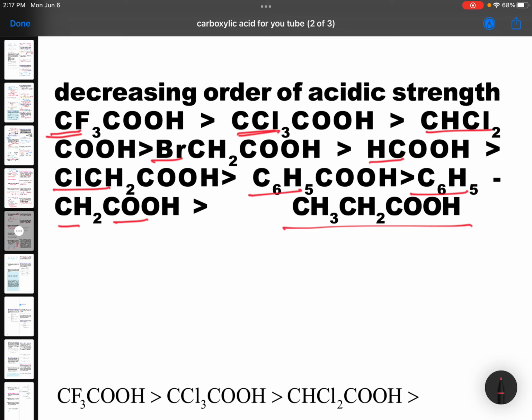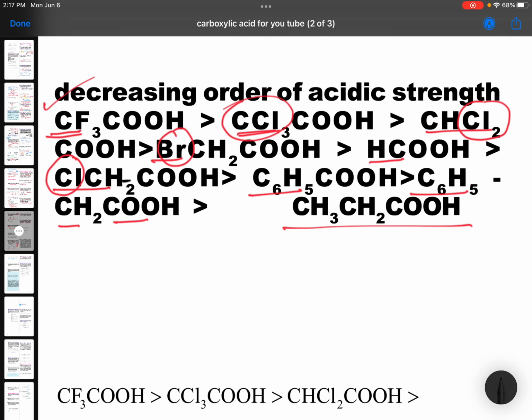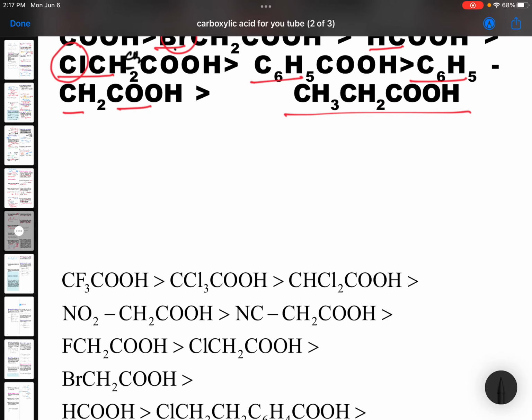Okay, because here the CF3 group is there, here the CCl3 group is there, here only 2 chlorines are present, here only 1 chlorine is present, here bromine is present. Here 1 carbon is missing, if I am not wrong. This should be a little longer, because BrCH2COOH, ClCH2COOH, Cl is stronger, but here you take 1 carbon extra. Fine, there is a small mistake, please check it.